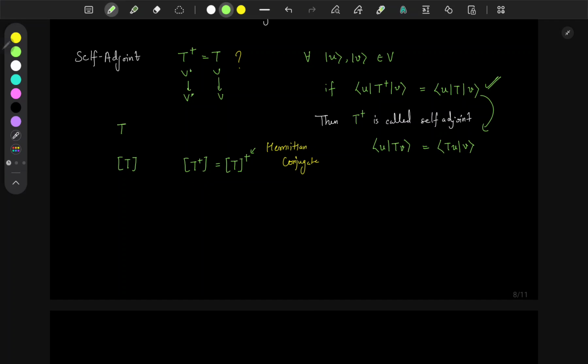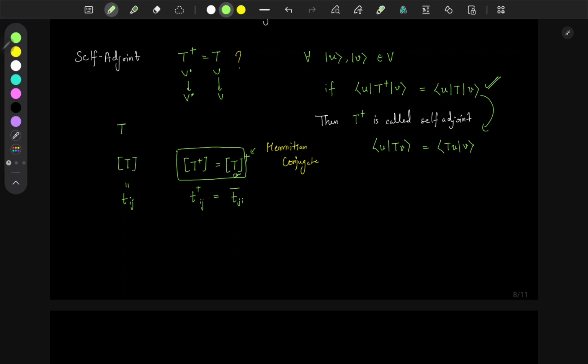So suppose the elements of this T matrix are Tij, then the ij element of the T dagger matrix is basically Tji complex conjugate. This is what we mean by Hermitian conjugate. So you transpose the matrix of T and take the complex conjugate, and that is the matrix corresponding to T dagger. This is an important thing.